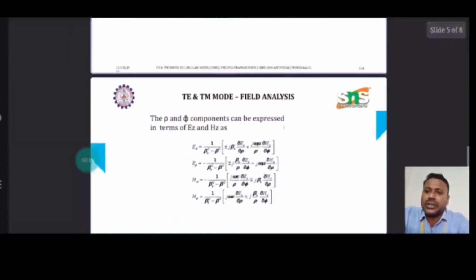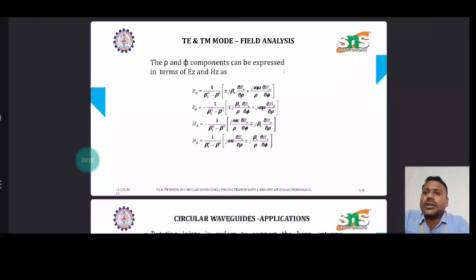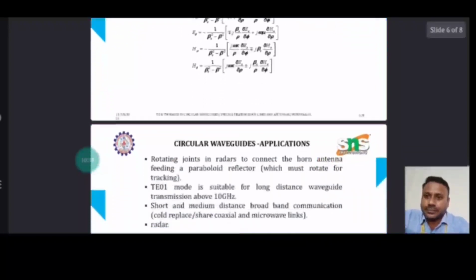According to these conditions, the rho and phi components can be expressed in terms of Ez and Hz. A few conditions are given: E rho, E phi, H rho, H phi. E is the transverse electric condition and H is the transverse magnetic condition.